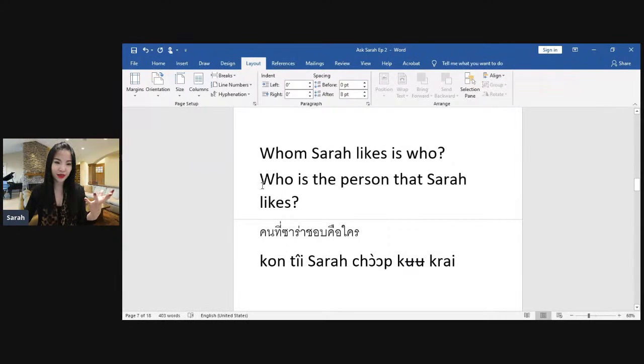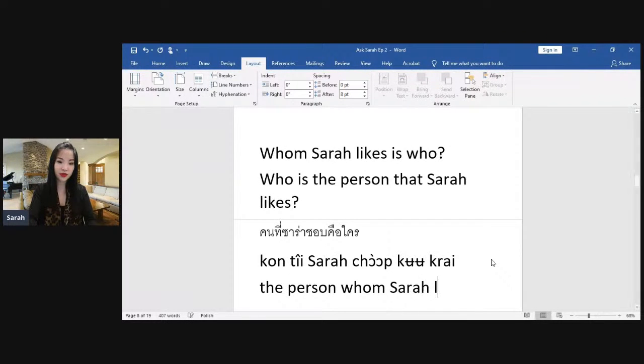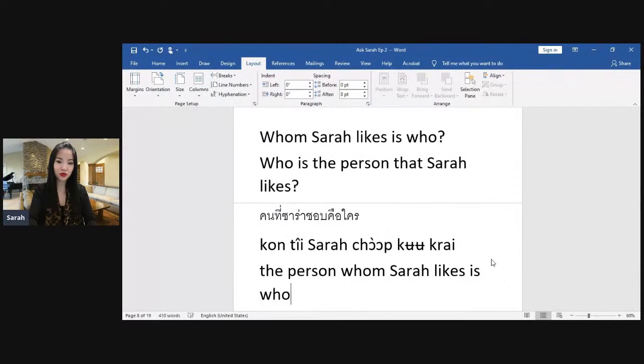You cannot say the person who Sarah likes is whom. In English, it's just like that. If you want to translate literally, the person who Sarah likes is whom. Is who. Yeah, ใคร is like who or whom.